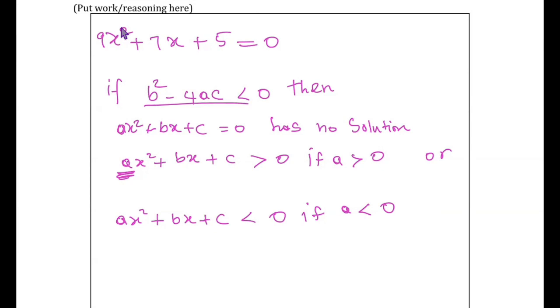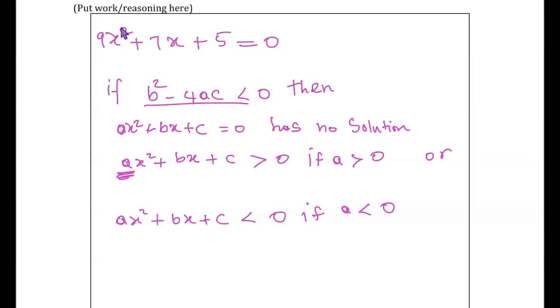And then the other situation is that the sign of ax squared plus bx plus c will be the same as the sign of a. If a is positive, then the expression will always be positive, which means the solution will be all greater than 0. So if you are solving for less than, it will be no solution.